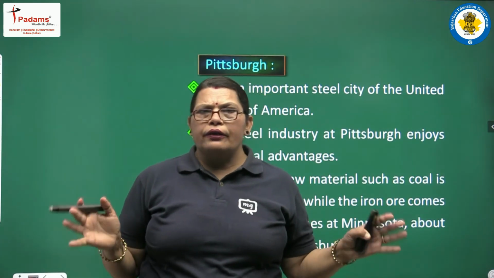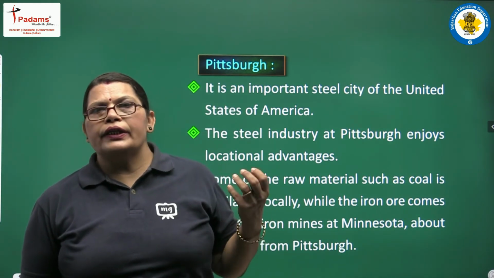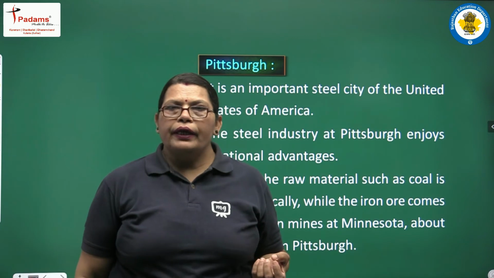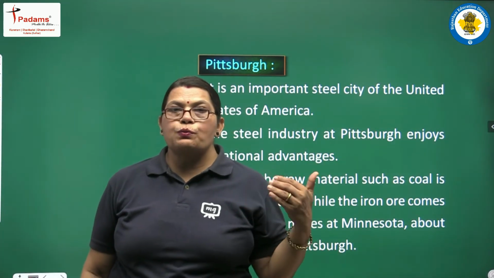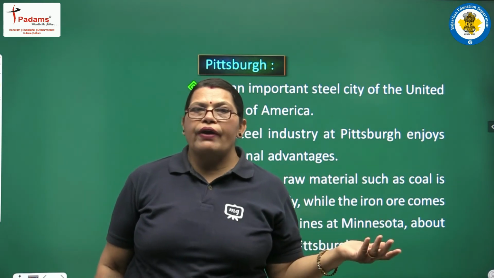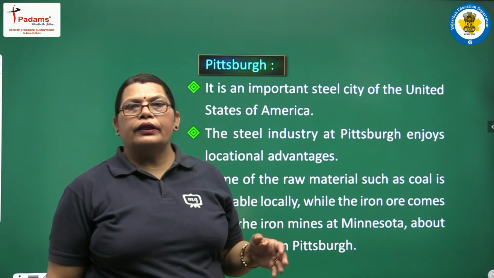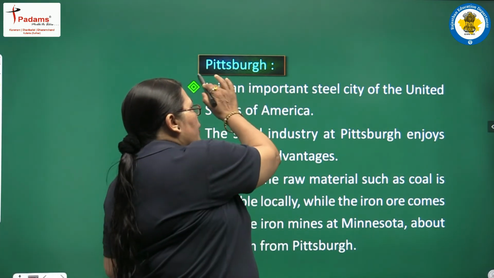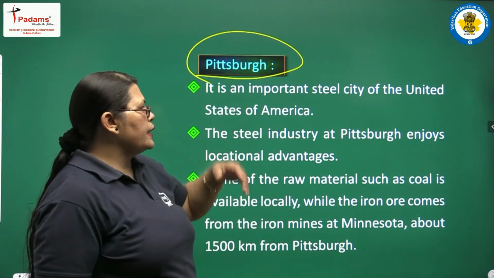So here are the different things in Jamshedpur, and everything is available. The main factors responsible for the establishment of iron and steel industries, by the government's initiative, are all available. When we are talking about all over the world, then Pittsburgh is there.